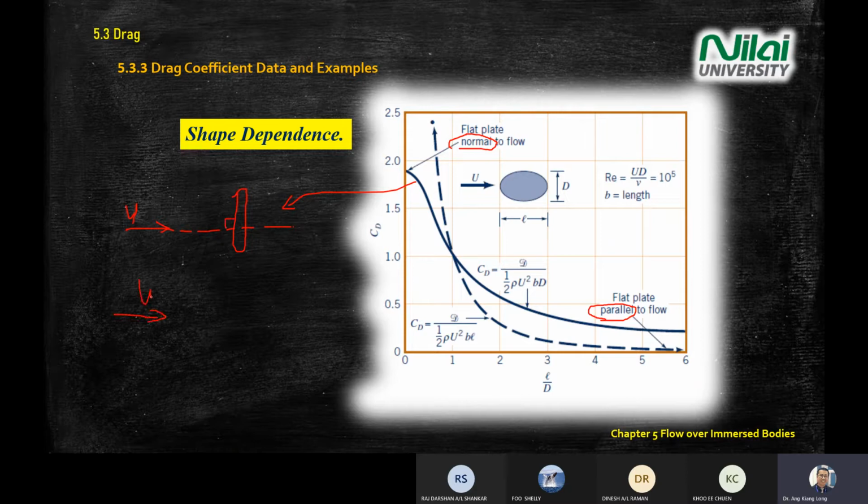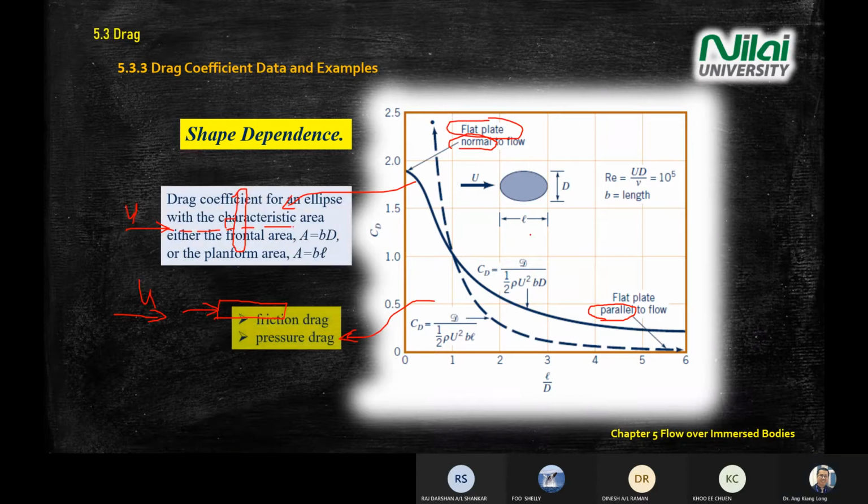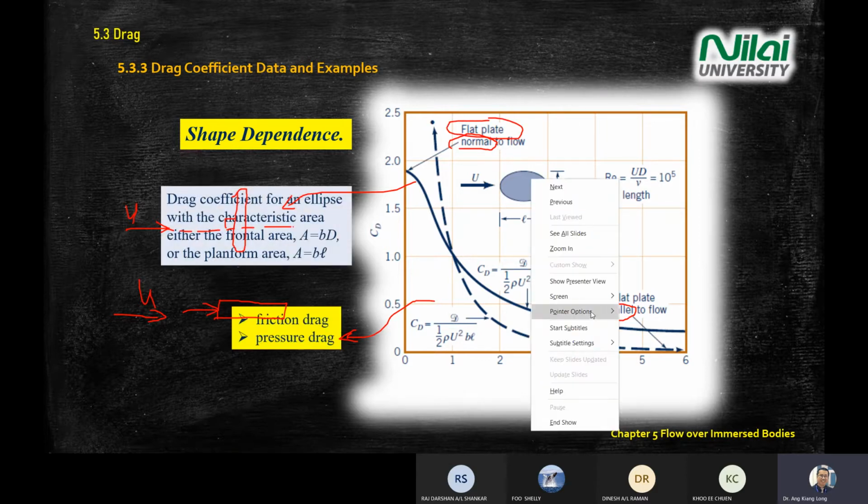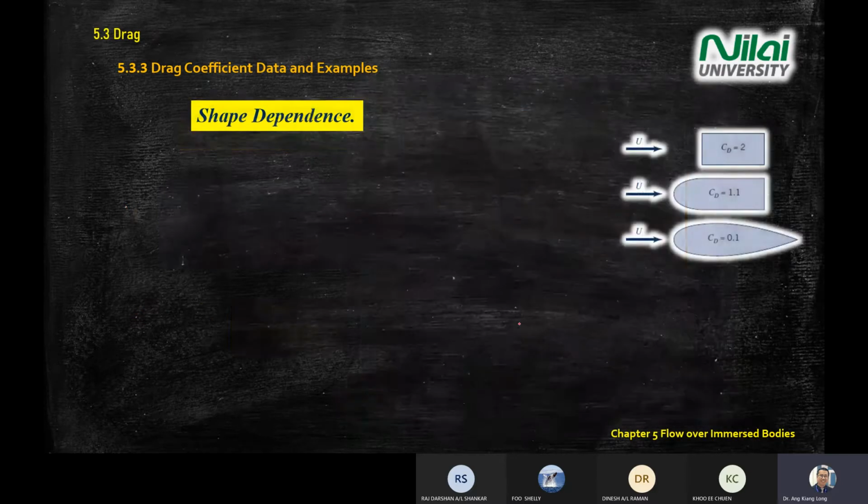Another line here, this dashed line, is parallel. It means you have a plate which is parallel to the flow, then you follow this dashed line. I apologize for the earlier explanation. This is normal and parallel to the flow for the flat plate. Okay. All right. Then the rest you can read from my slides.